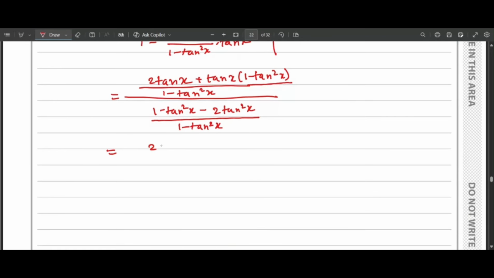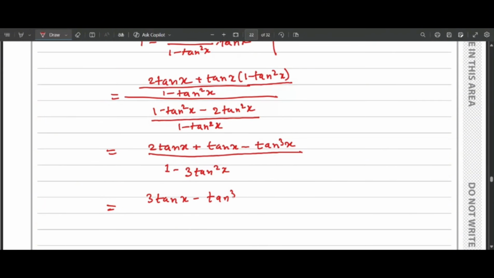This will give us 2 tan x plus tan x minus tan cube x on the numerator of our fraction, and 1 minus 3 tan square x in the denominator. Simplifying further will give us 3 tan x minus tan cube x on the numerator, and 1 minus 3 tan square x in the denominator. This is our final answer.